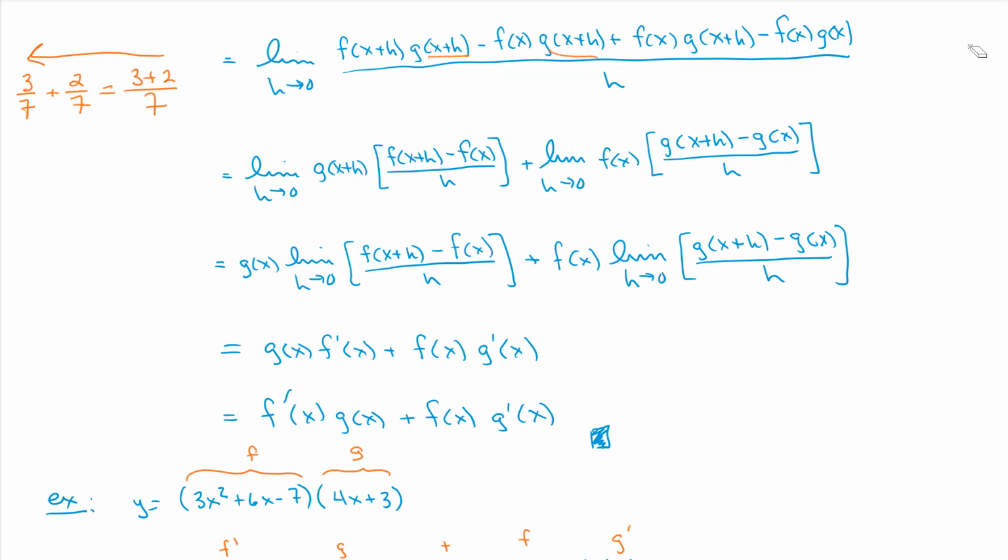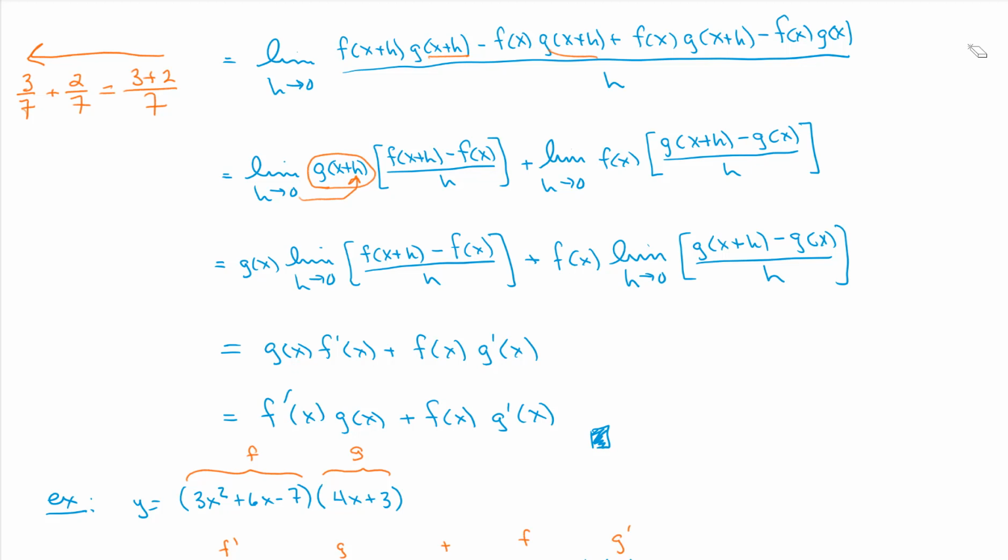Where we go from here is this next line right in the middle of the screen. Now, g of x plus h. We can substitute the 0 in for h here because we don't have an h in the denominator.